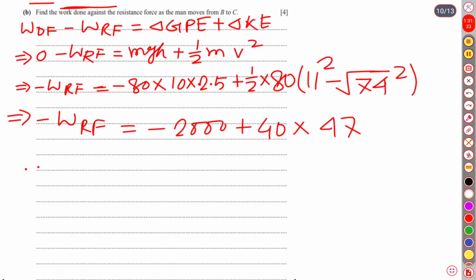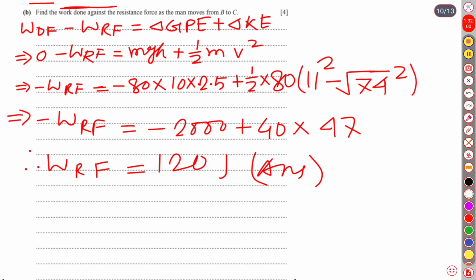Hence, our work done by resistance force is going to be from 2000, if we subtract this one, let me calculate, it is going to be 120 joule.